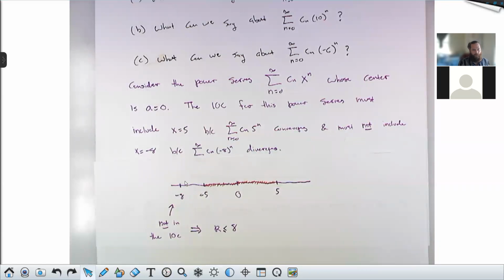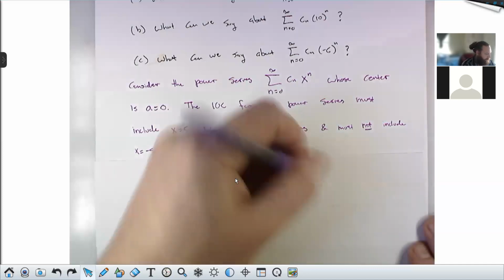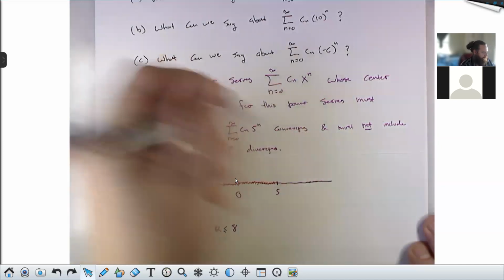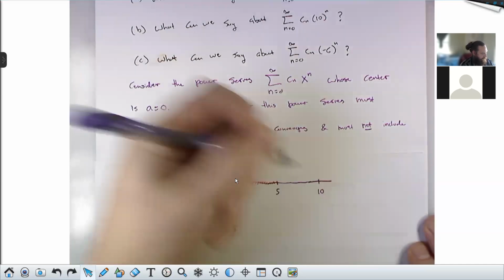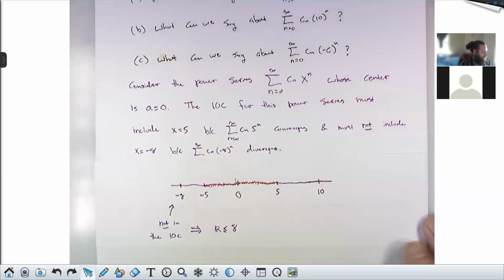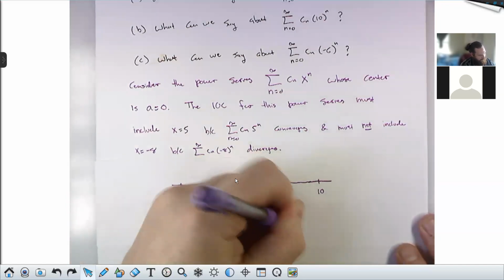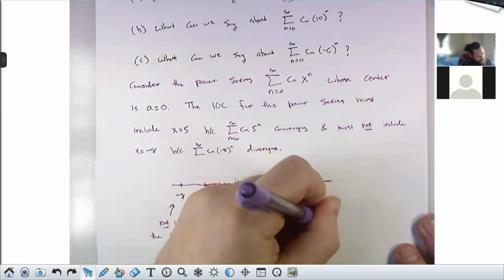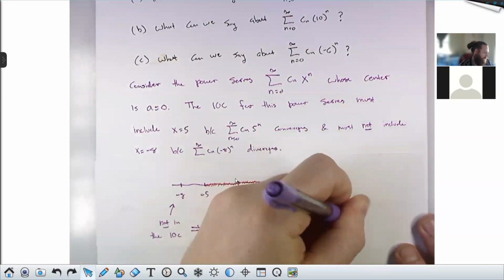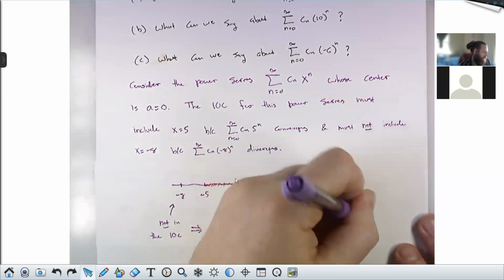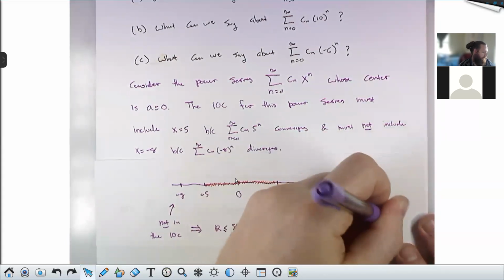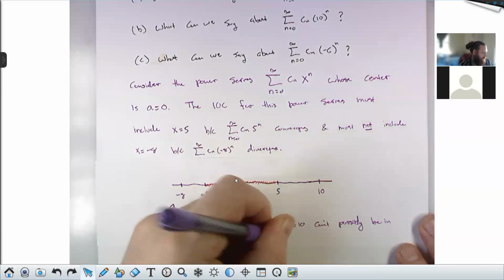So the radius of convergence could stop like here. That's possible. The radius of convergence could be something like 7. But what this tells me in particular for part B is that 10 can't possibly be in the IOC.